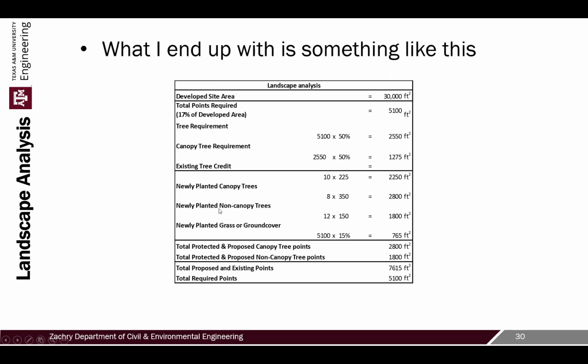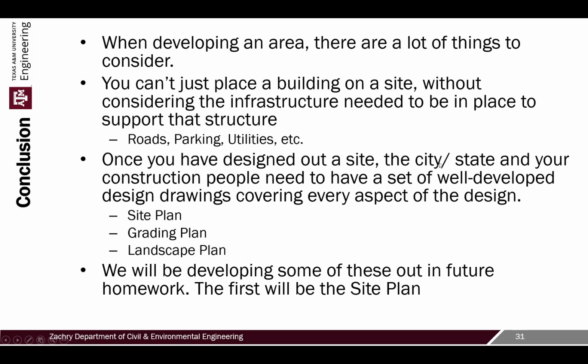That's 2,800. Here's my non-canopy. That's 1,800. And then my grass that I put in. And so after I subtract all that, my total points that I actually have created is 7,615 feet squared. And the total required points, though, is 5,100 feet squared. So I'm good to go as far as that goes. And I would have to have this on that drawing so that they can see it and see that I calculated out and figured out what I needed.